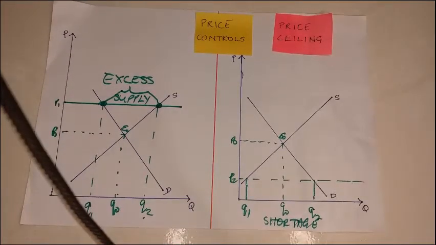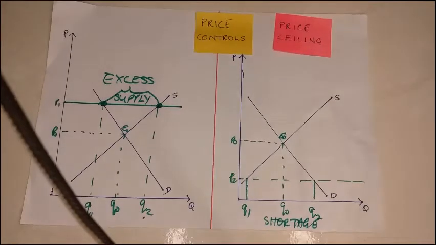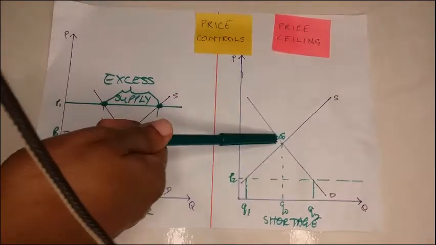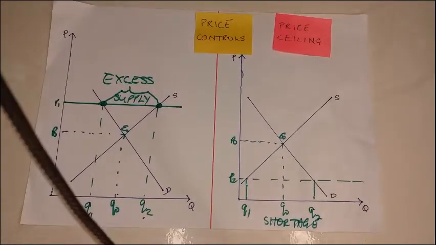Now, why would the government need to intervene to have a price ceiling? They would usually intervene to have a price ceiling in goods and services like basic food items or even rent. That is to make sure again that persons can access basic goods and services so that they maintain a certain standard of living. Because if it was being sold at the market price, some persons may not be able to access these goods or services.